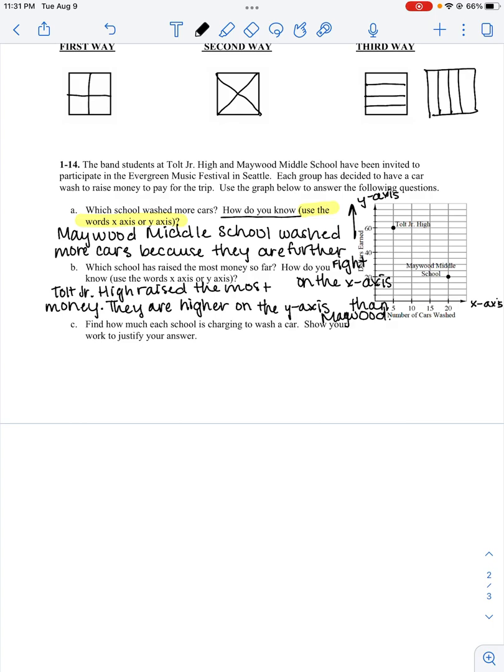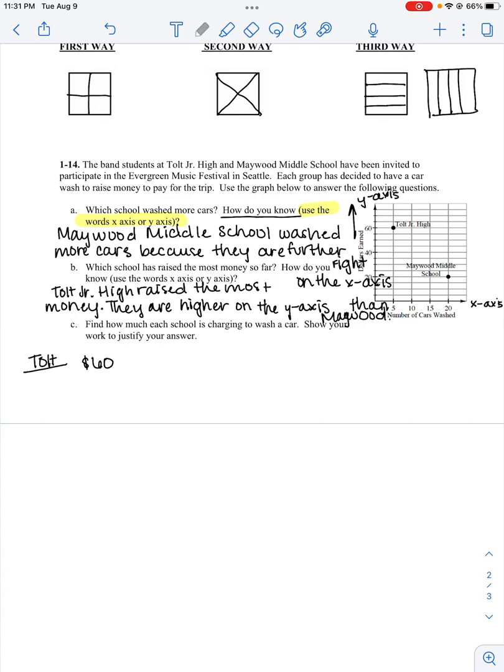So, I'm going to start with Tolt Junior High just because it comes first. Okay. So, Tolt Junior High earned $60. And if I go to my x-axis, I can figure out how many cars they washed. It's 5 cars, and they made $60.